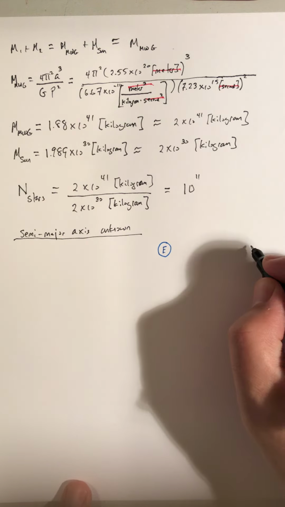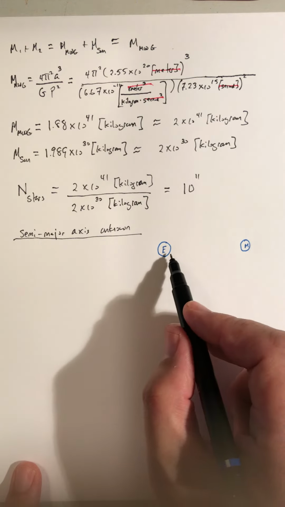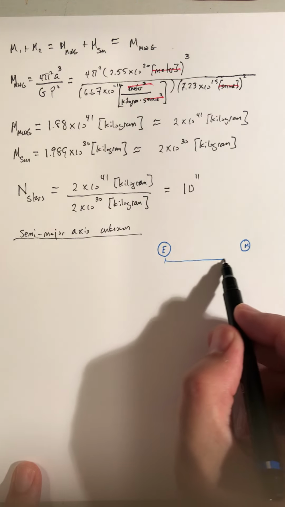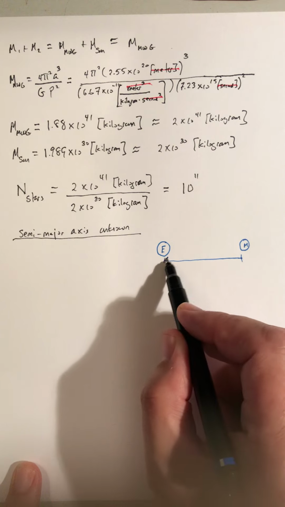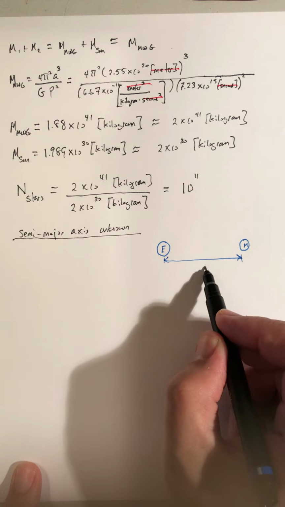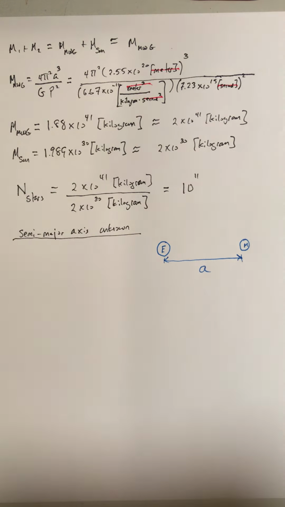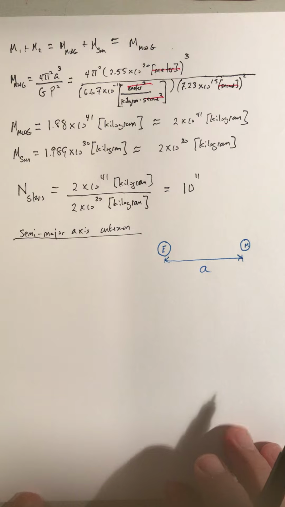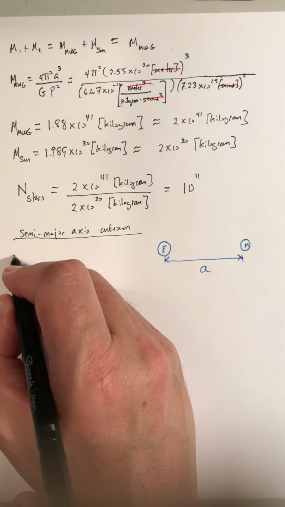So there's the Earth, there's our Moon, and we want to know what this distance is. Semi-major axis. Given what we know about the period of the Moon's orbit and the masses of the two objects.